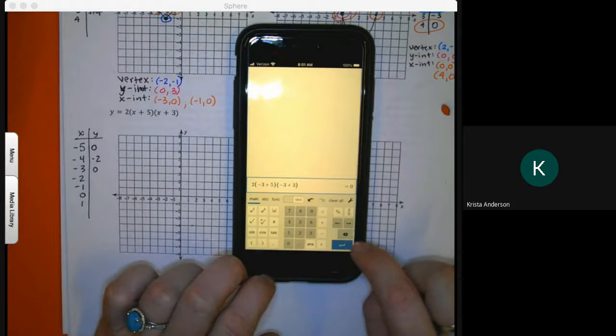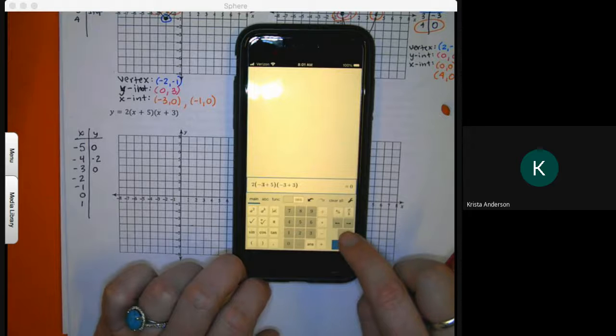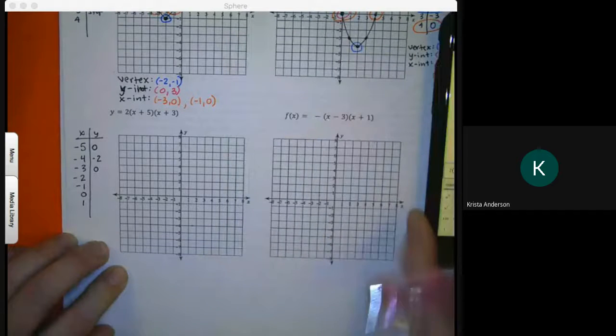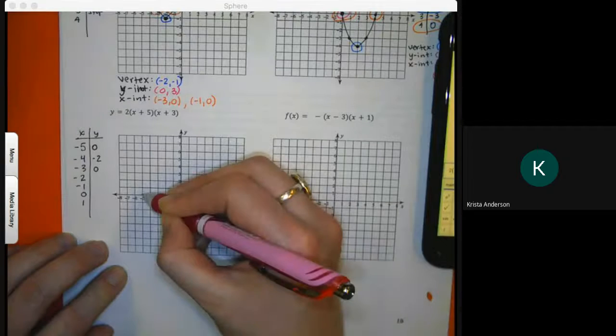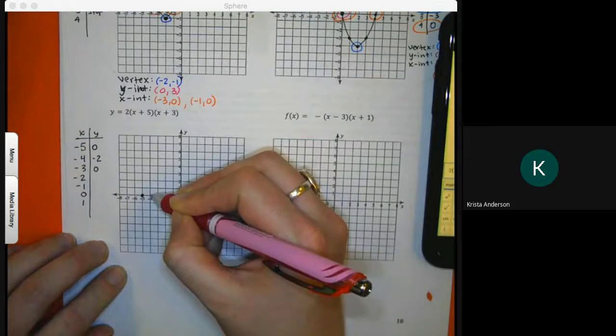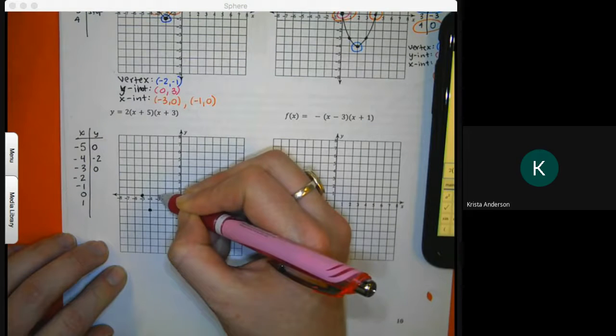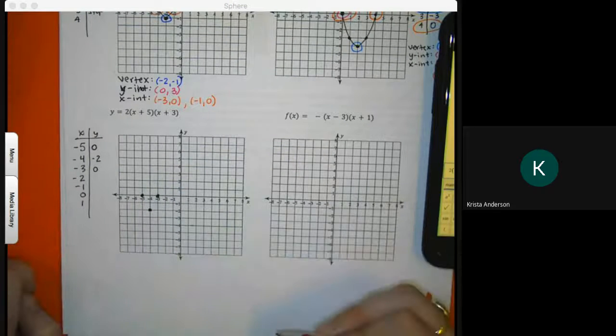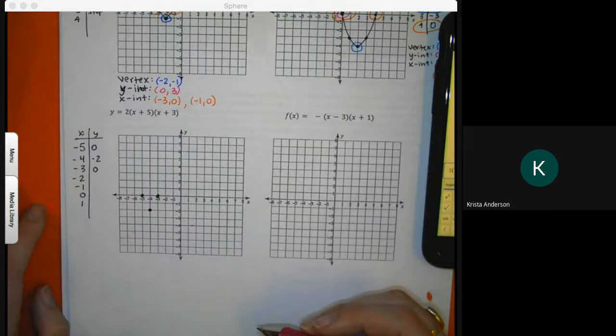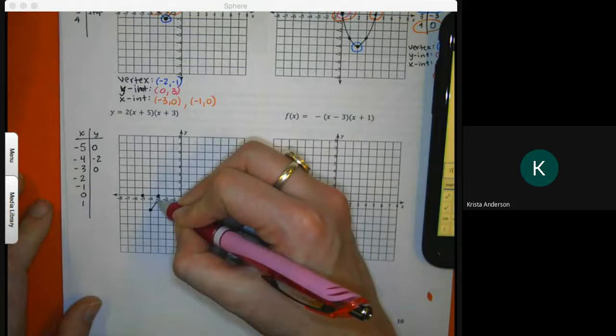I can graph my U. -5, 0. -4 is down 2. -3 is at 0. Should it make a V shape or a U shape? What shape have they been making? They've been making a U shape.